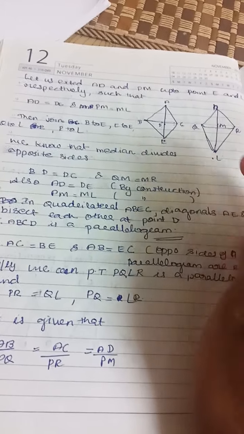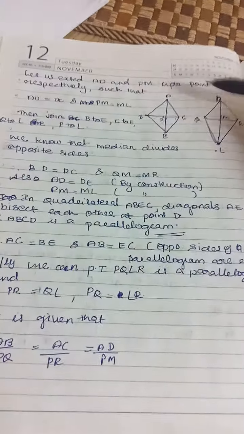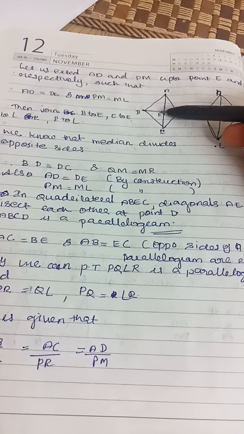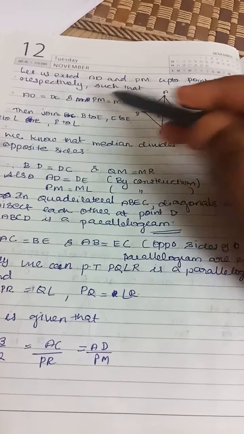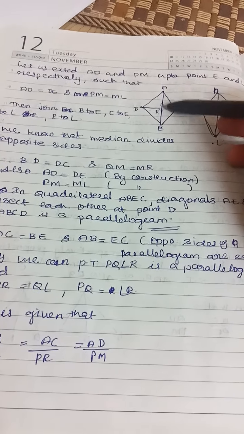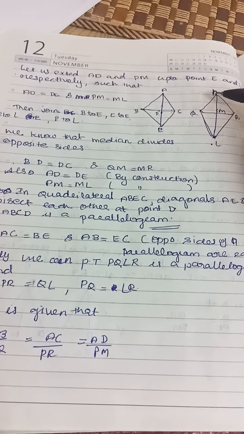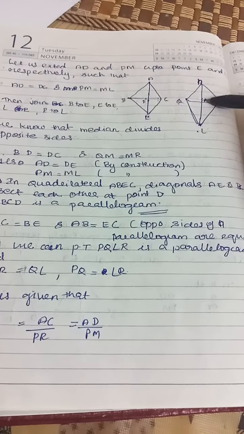This is dividing this line into two equal parts. QM is equal to MR. Also AD is equal to DE, that we did here, correct? By construction we wrote AD is equal to DE. Again by construction we can write PM is equal to ML, that we already did.